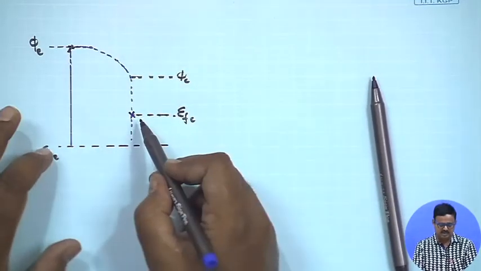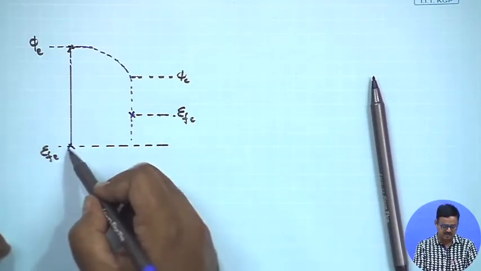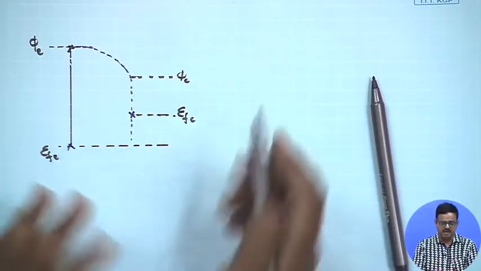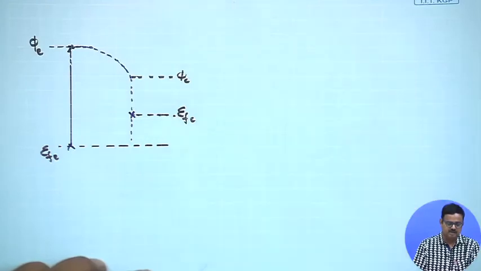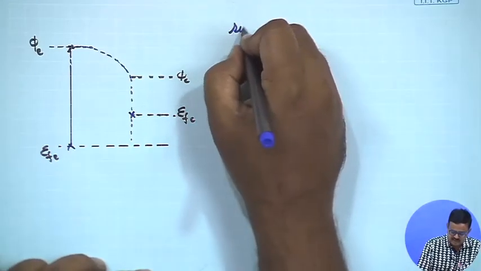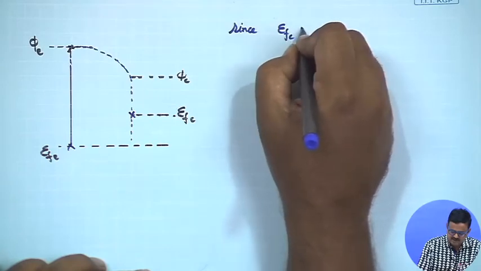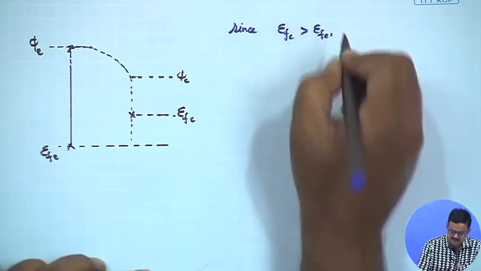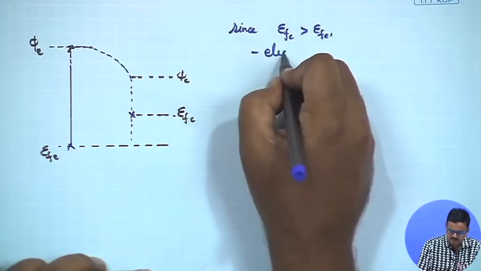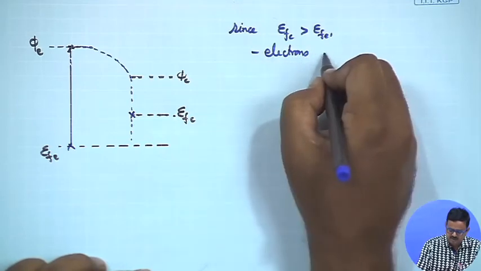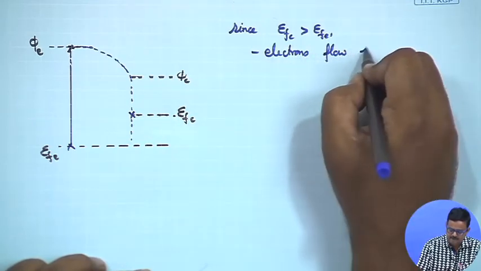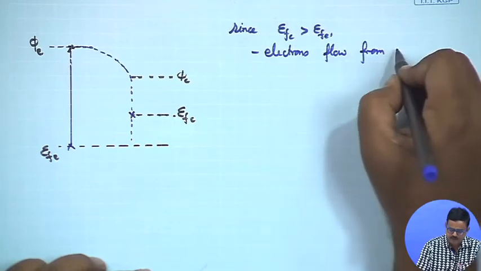Now, this Fermi level of the collector is higher than that of the emitter. So, since epsilon_F of C is greater than epsilon_F of E, the electrons flow from collector to emitter.